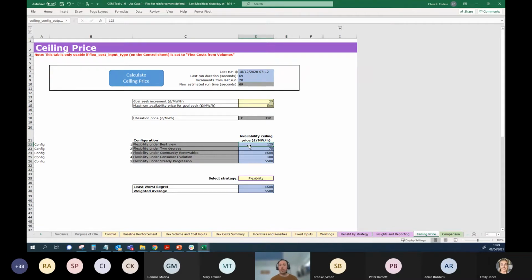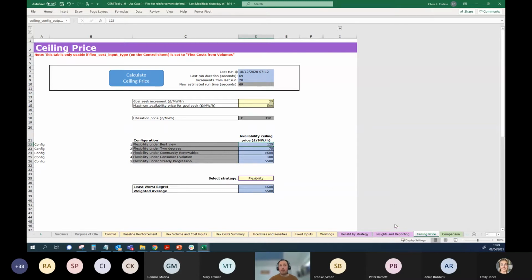So I don't think it should be taken as an absolute answer per se, but it does at least give the DNOs an indication of, given the volumes of flexibility that would be required and given the cost of reinforcement that we're expecting, what is the range of prices that we may be interested in procuring up to. So it gives an idea of what the value of flexibility could be to the network.